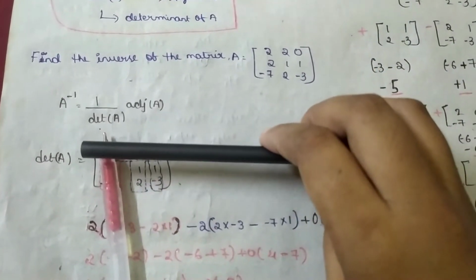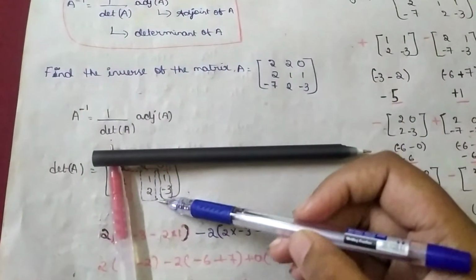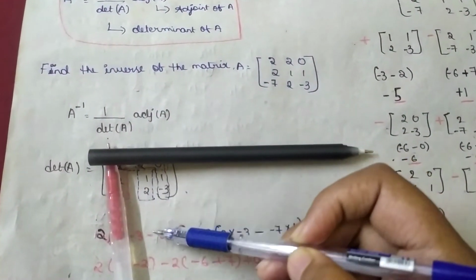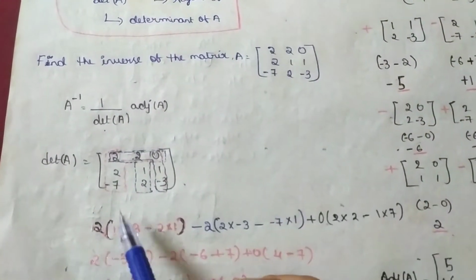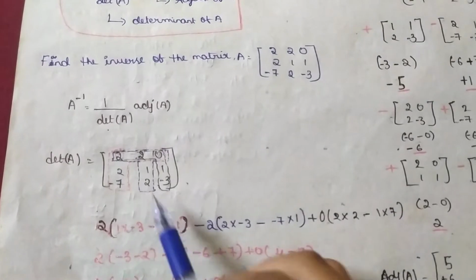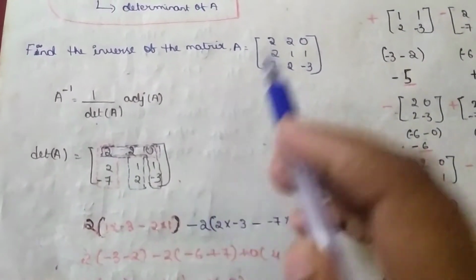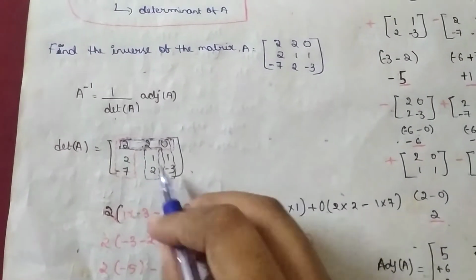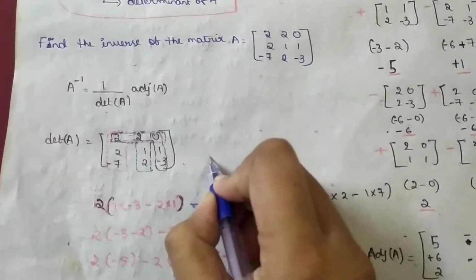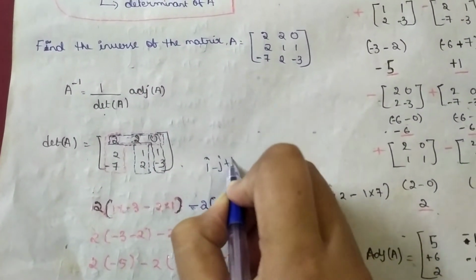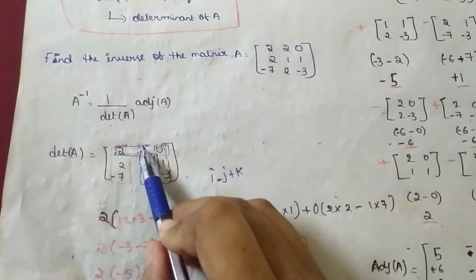So 1 into minus 3 minus 2 into 1. 2 open braces, then 1 into minus 3, minus 1 into 2. Again minus 2. Here it is plus 2. No, why am I writing here as minus? Because it is like the i minus j plus k format. So it is minus, no? So that's why minus 2.